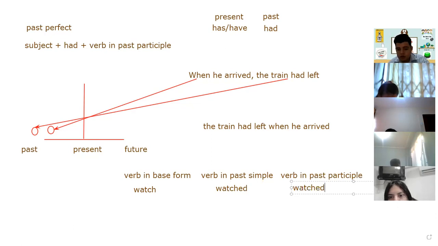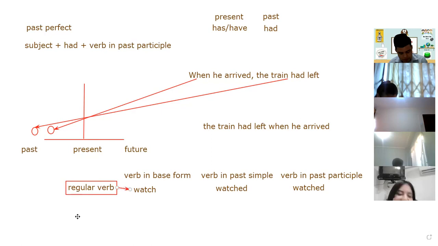Why does this verb repeat again? Because this one is a regular verb, okay? Watch is a regular verb, okay?